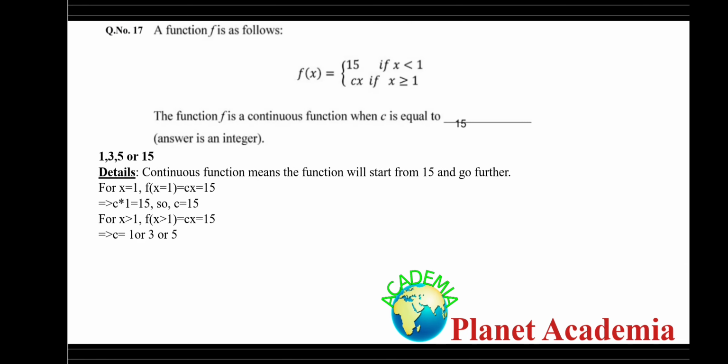The question is, function f is as follows. Function f(x) equals 15 if x is less than 1, and f(x) equals cx if x is greater than or equal to 1. Now, if function f is continuous, then what is the value of c?